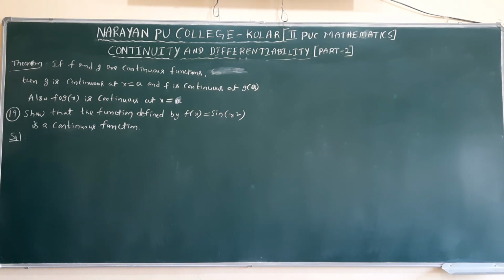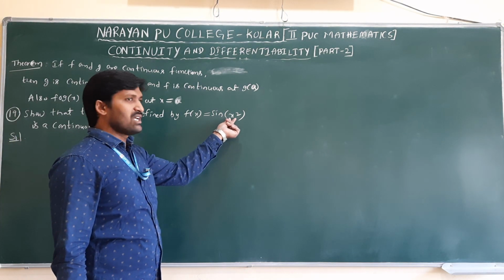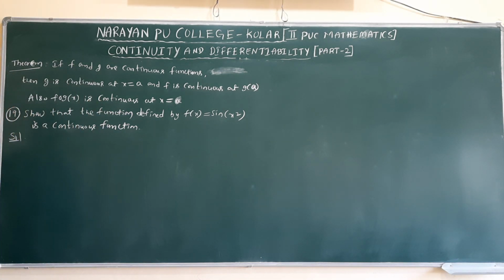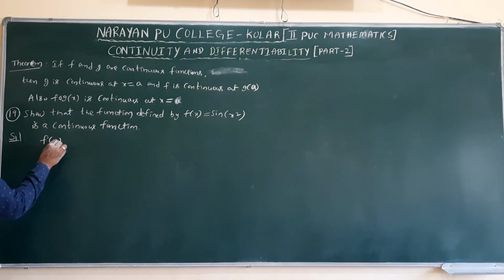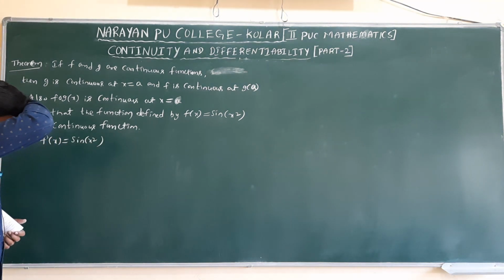There is a combination of two functions. The outer is a trigonometric function of the form sin x, and the inner function is x square, a parabolic function. So overall we have two functions. Here f of x is equal to sin of x square. We are making it into a composition of two functions.